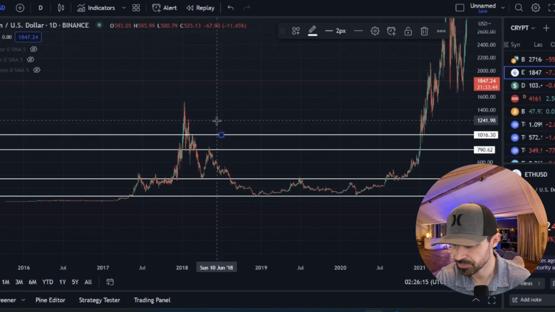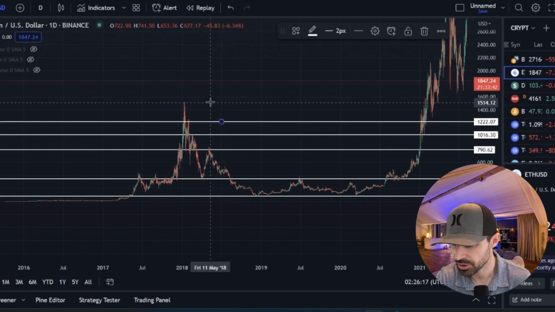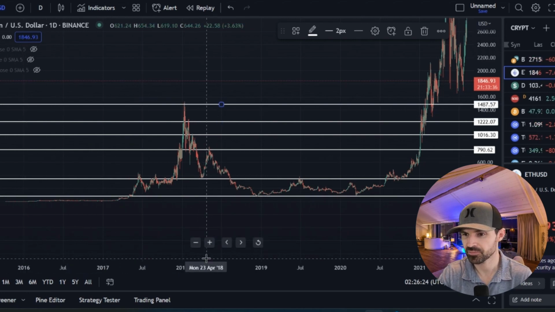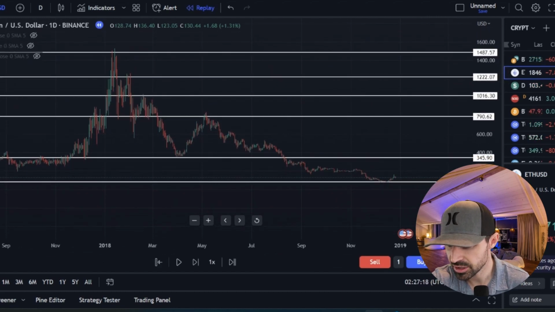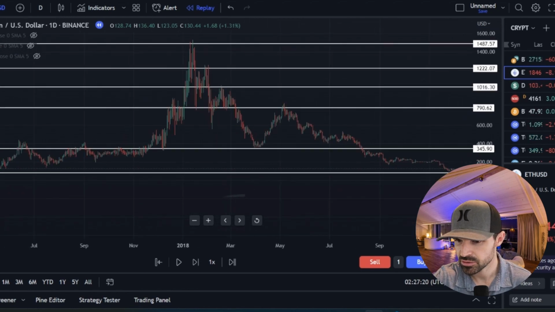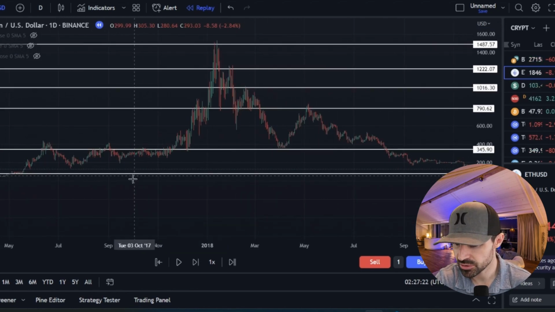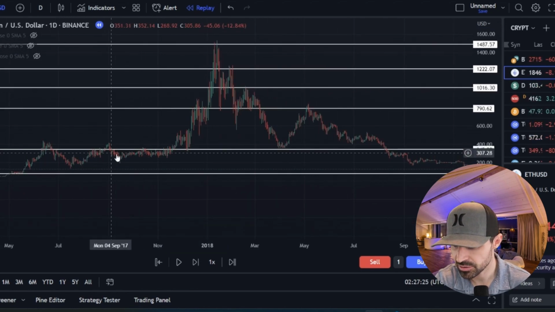Here. Here and here. So I've drawn in my support and resistance lines. My first line was down here and the second line was down here.